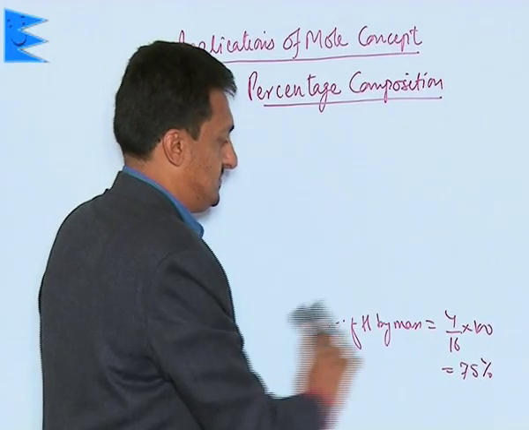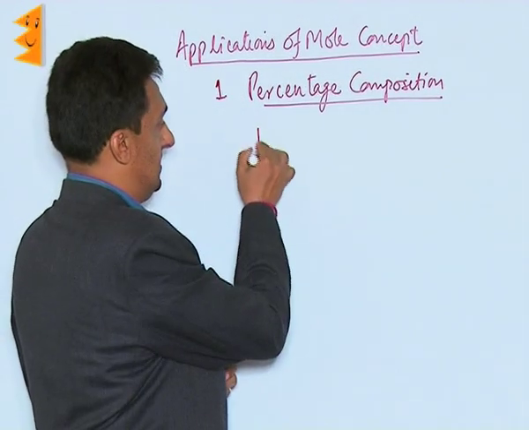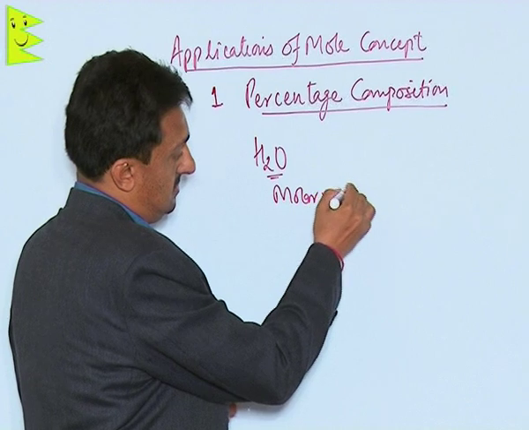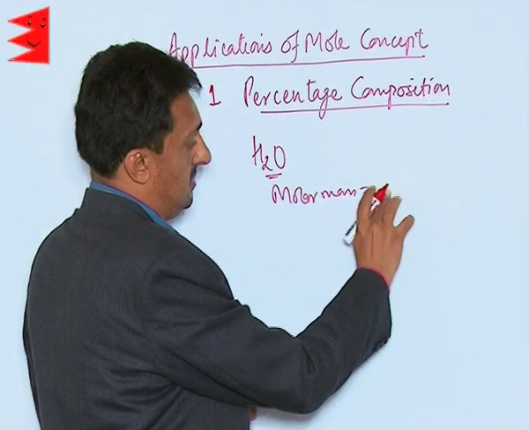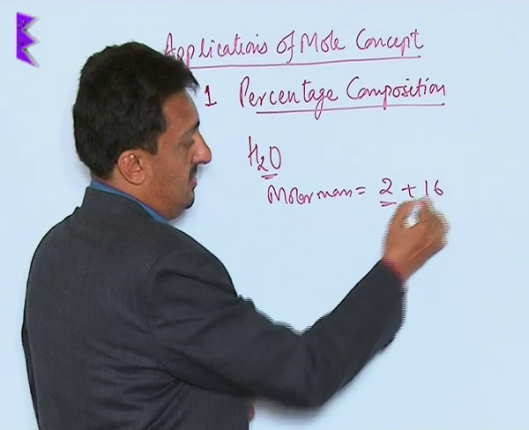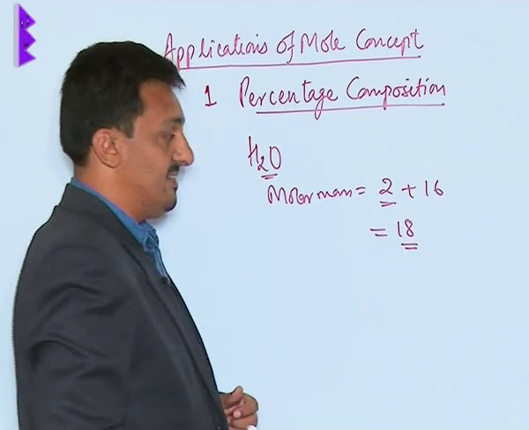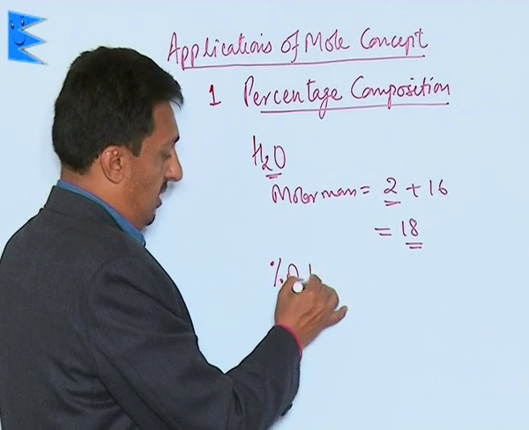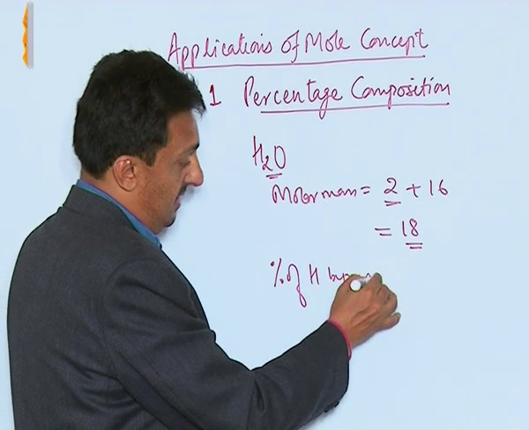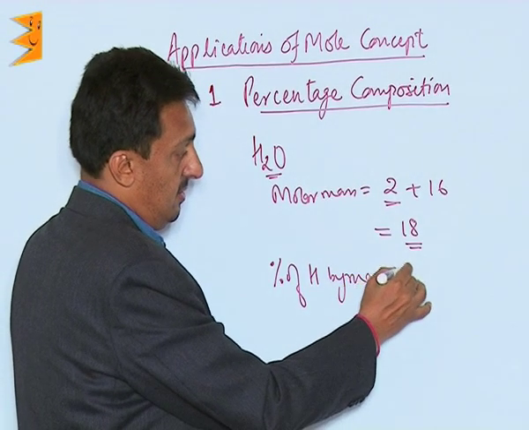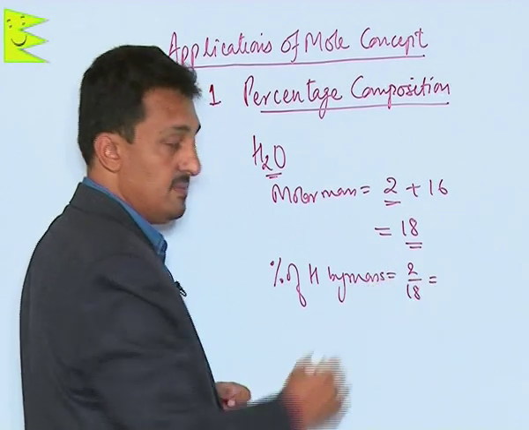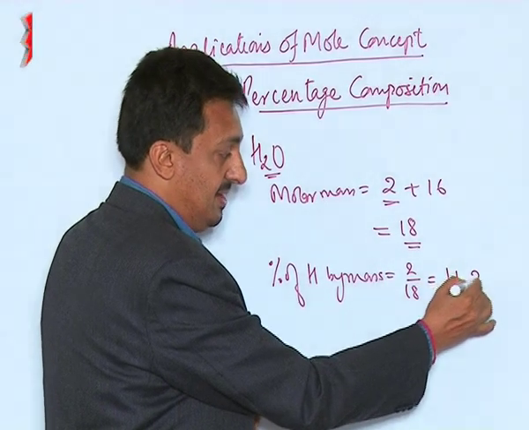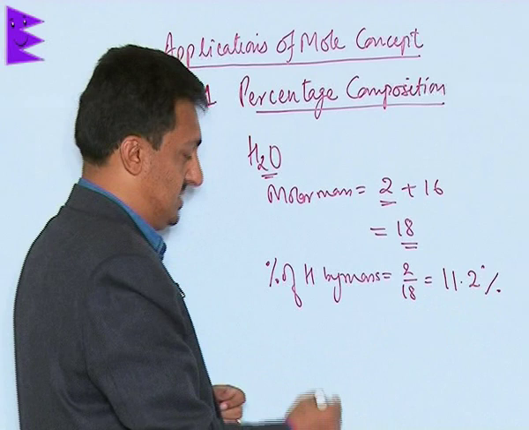Like in the case of water, the molar mass is 2 for hydrogen, 16 for oxygen, and it is 18. Now, the percentage of hydrogen by mass will be 2 by 18, which is approximately 11.2%.